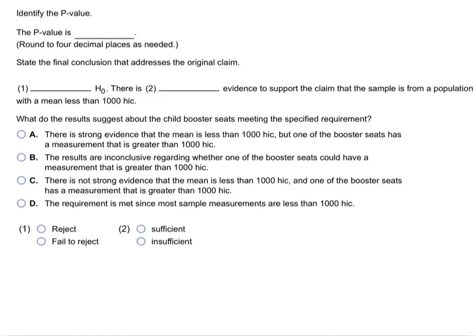So what's the final conclusion? There is strong evidence that the mean is less than 1,000. That's true. But one of the boosters was greater than 1,000. But there's strong evidence that the real average is less.